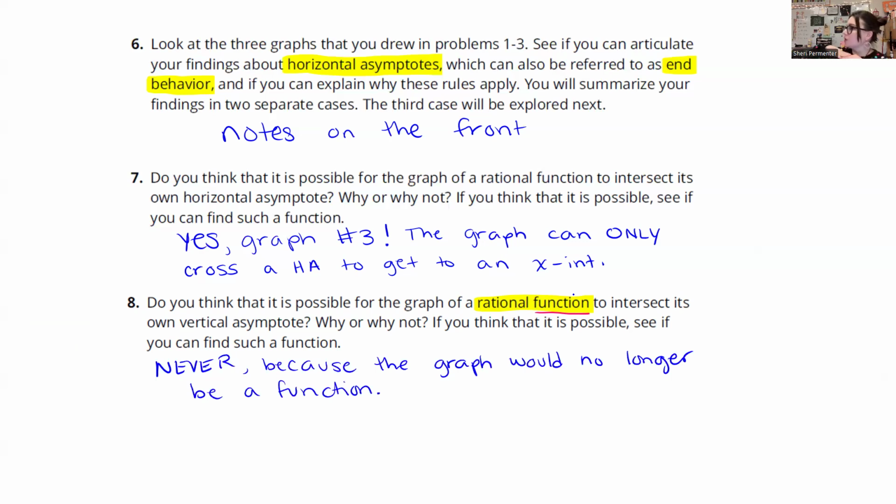You can cross a horizontal asymptote and still be a function. That's why it can happen. You cannot cross a vertical asymptote because if you have two graphs that come up to a vertical asymptote and they crossed, you are no longer a function.